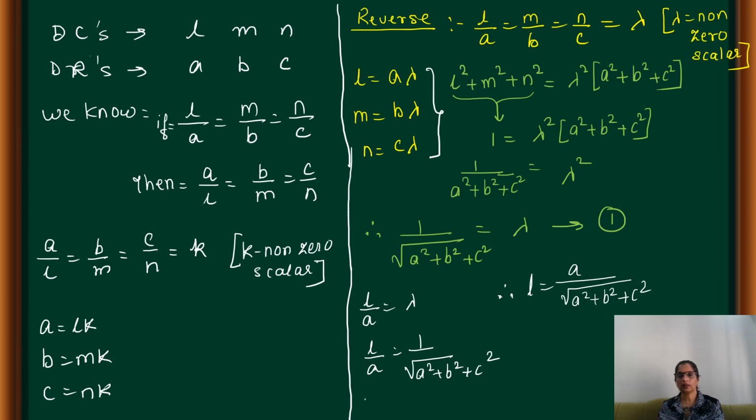Like that we can write down M. So what did we get here? We got L is equal to a by root of a square plus b square plus c square, like that.